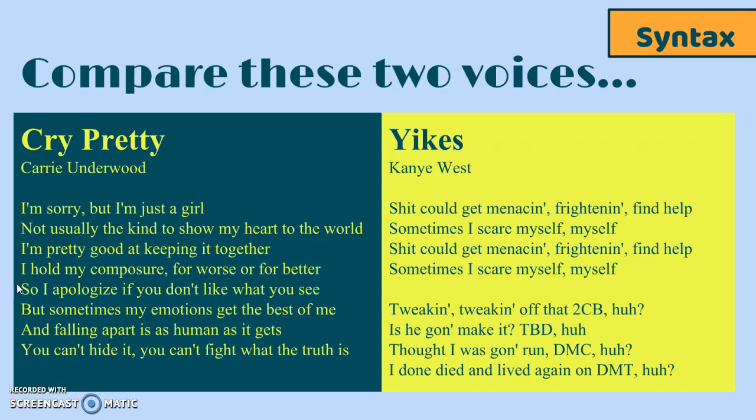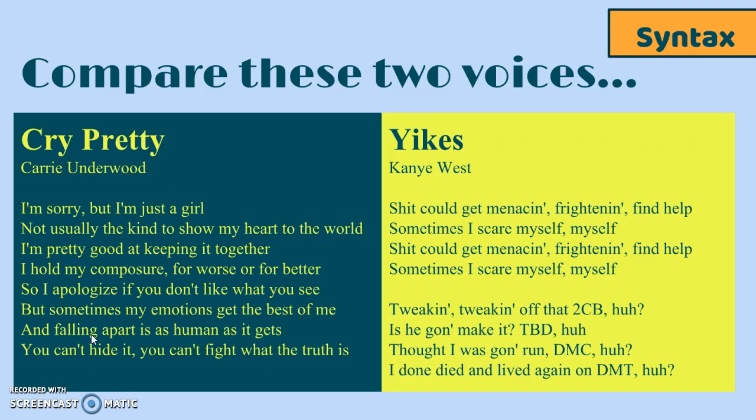What that does is it builds each line on top of each other so that it seems like long sentences that just keep going and going and going. And it creates this sense that she's trying to explain herself. So this, but this, and this. She's trying to explain something important to her, and that further emphasizes this vulnerable persona that's seeking out something in the audience.